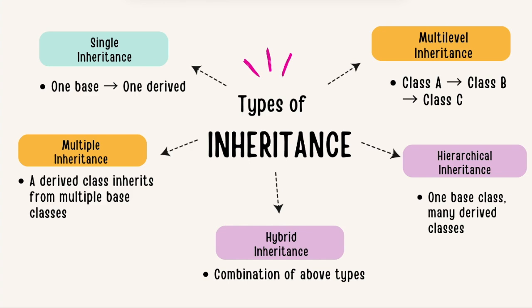For example, class A, then class B, and then class C. In multiple inheritance, a derived class inherits from multiple base classes. Please be clear with multi-level inheritance and multiple inheritance. In hierarchical inheritance, there is one base class and many derived classes. Hybrid inheritance is a combination of the above types.